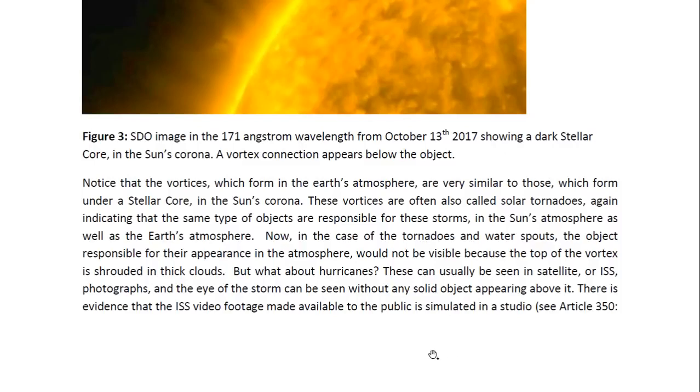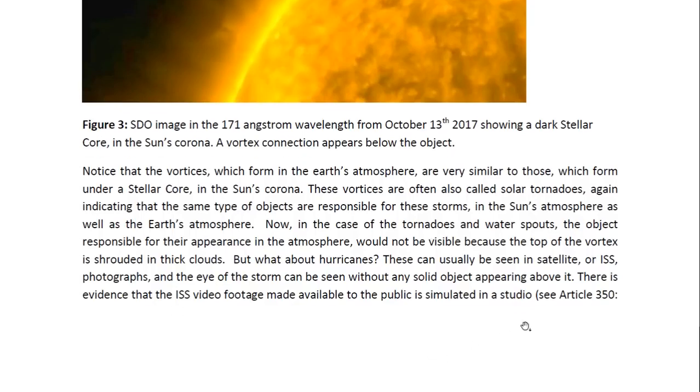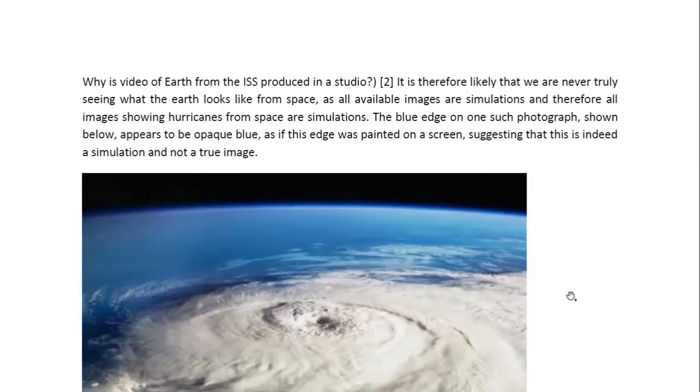There is, however, evidence that the ISS footage made available to the public is simulated in a studio. And for evidence on that, you may look at Article 350 entitled "Why is Video of Earth from the ISS produced in a studio?"